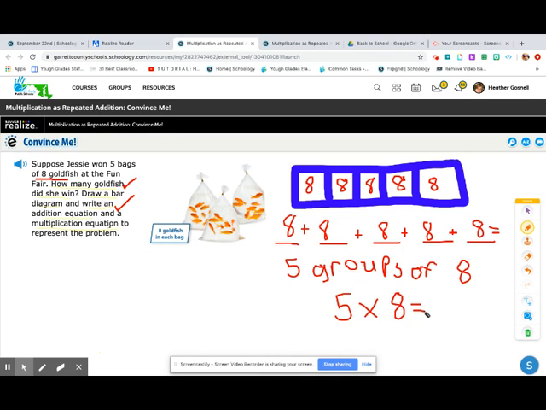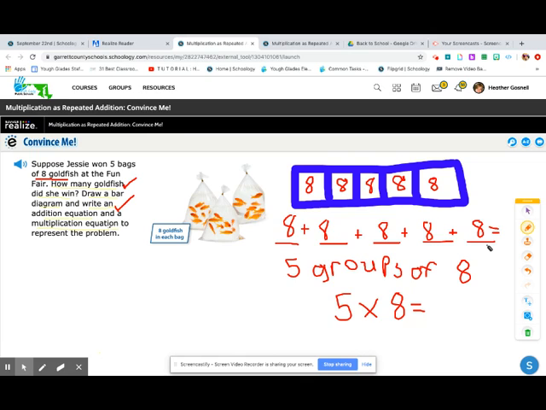I'm going to see how you add up all of these numbers, okay, to get 5 times 8. So now remember, to get 5 times 8, you need to add 8 plus 8 plus 8 plus 8 plus 8, and it will give you your answer.